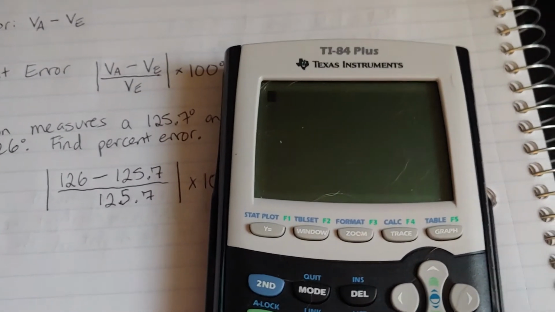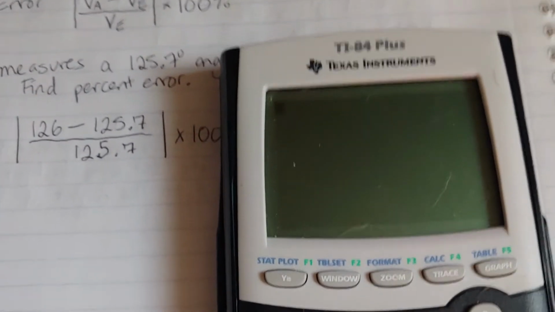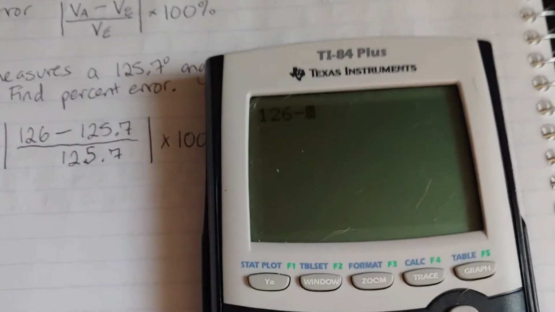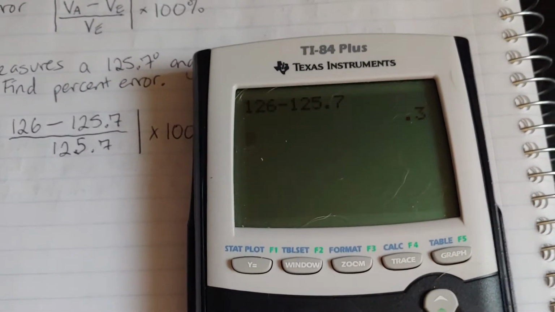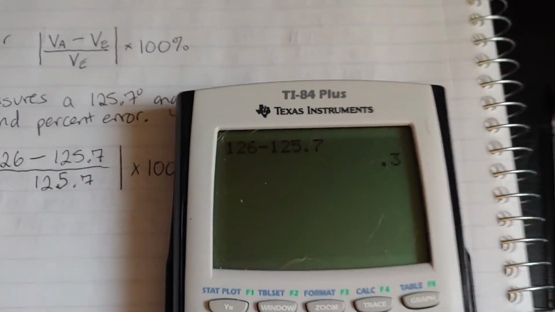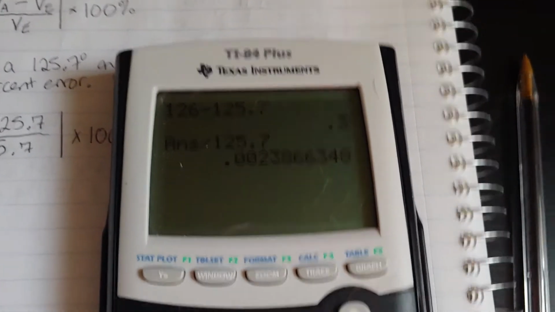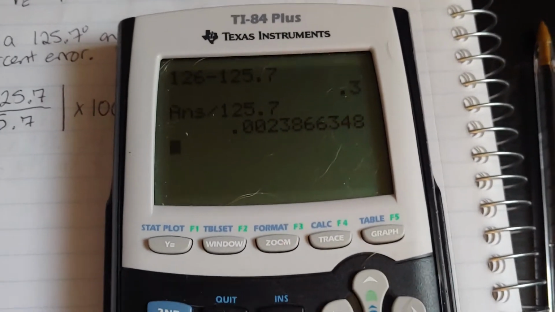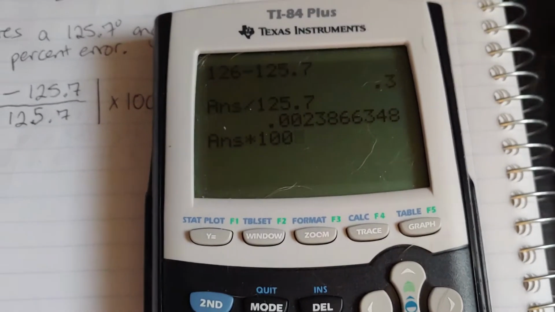All right, let's see. So, 126 minus 125.7. And I'm going to divide that by 125.7. All right, now the absolute value would make it positive, so there we go. I multiply by 100.